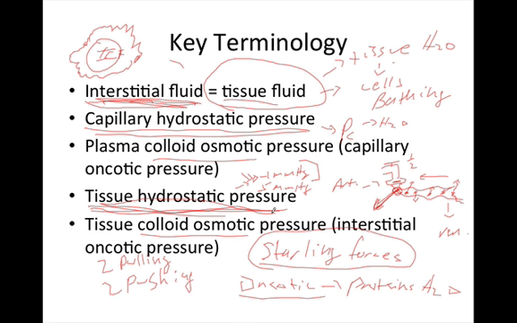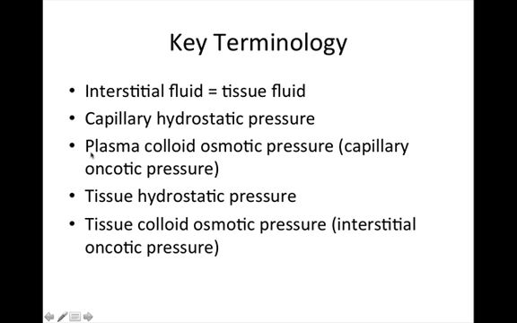Now, when we say plasma colloid osmotic pressure, we're talking about plasma proteins in the blood that exert a pulling force on water. The major protein involved with this is going to be albumin.